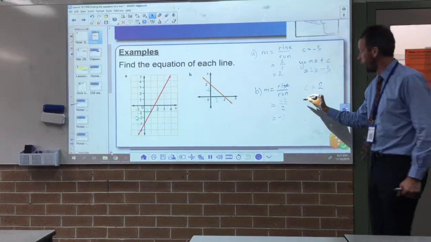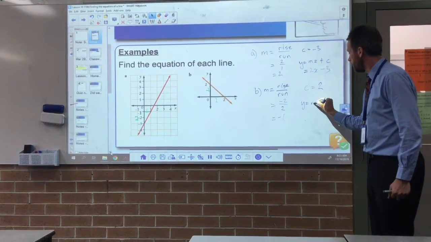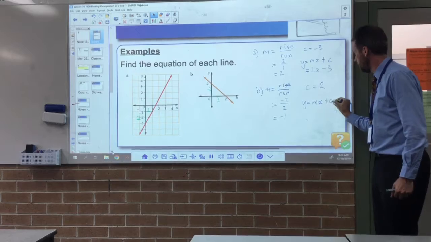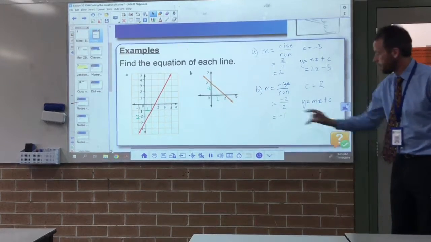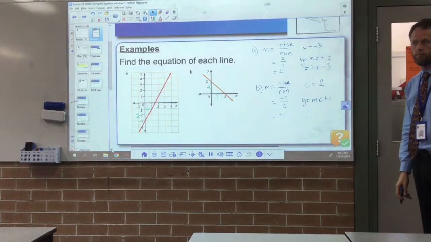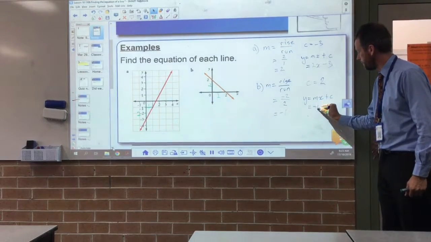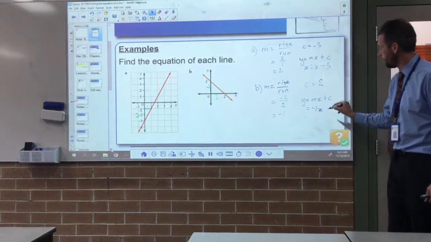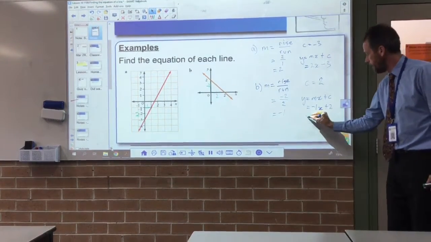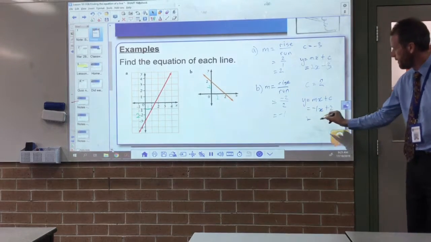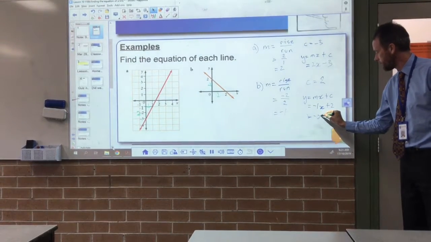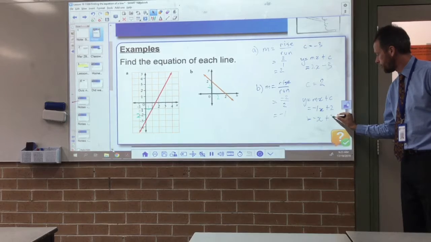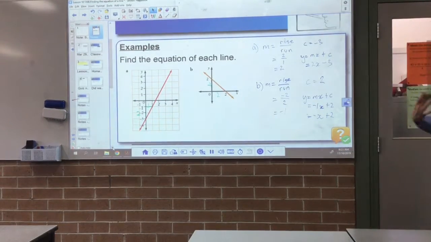Write it in the form of an equation. y equals mx plus c, negative 1. I'll show you straight up that it looks like that, plus 2, but we know we can simplify that to minus x plus 2, because minus 1 times x is still minus x.